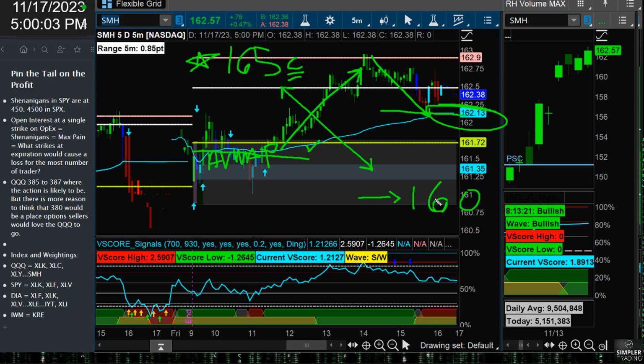You might be asking, well, Rog, what was the third most liquid level? So number one was 165. Number two was 160. Actually, the 158s are number three. And number four, the 162.5s. So this is where open interest was not the highest at 162.5, but it was open interest plus proximity to where we were trading.